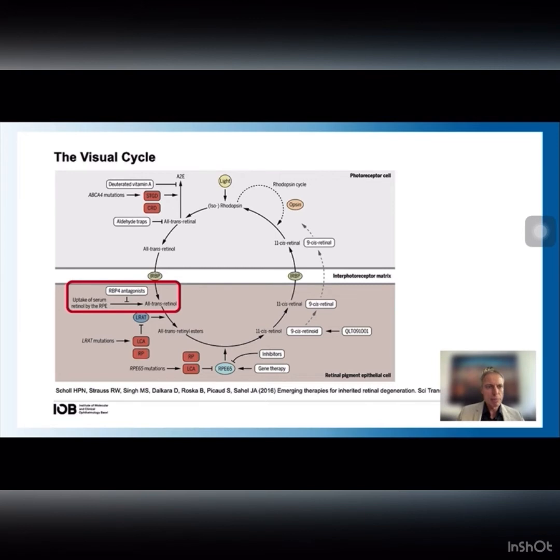Tinlarebant blocks RBP4, therefore blocking all-trans retinol entering the RPE, therefore decreasing the amount of compound available in the visual cycle, in that sense slowing down the visual cycle, and thus indirectly reduces the accumulation of bisretinoids, including A2E, in the retinal pigment epithelium.